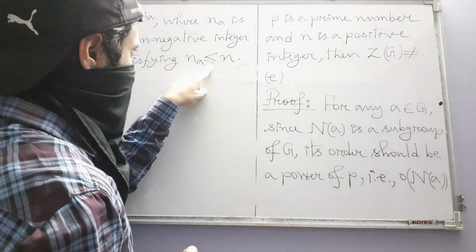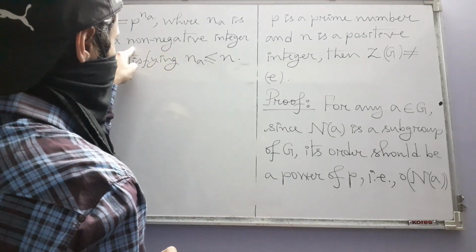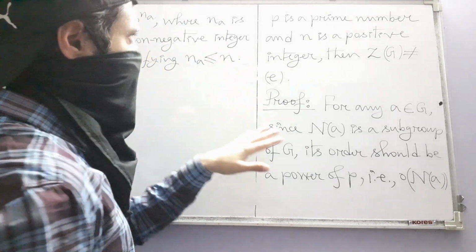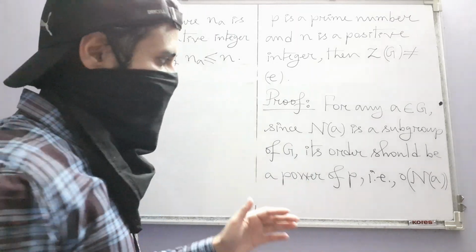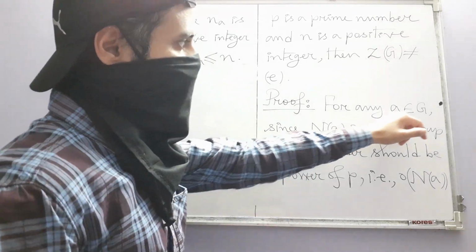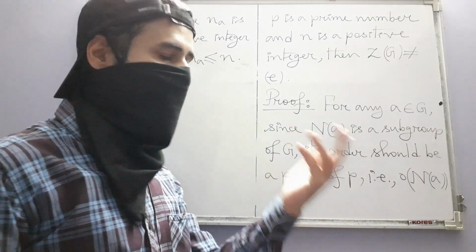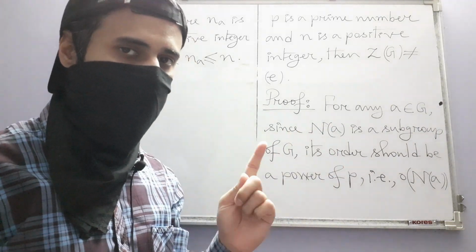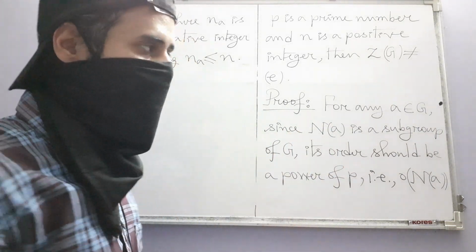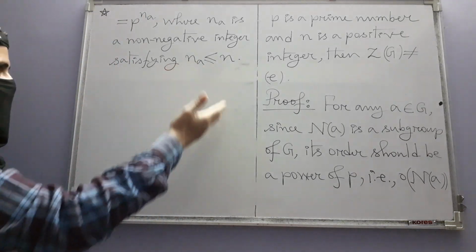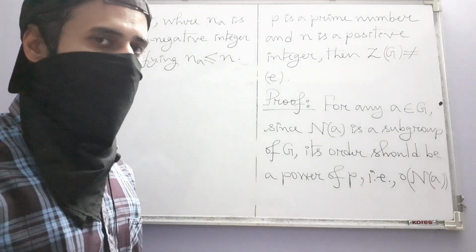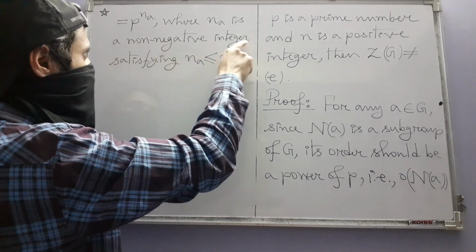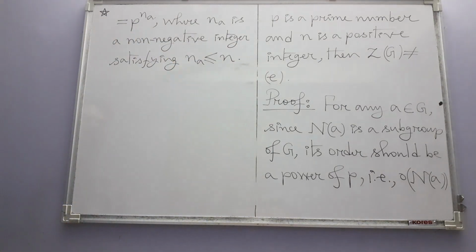That's why we need this inequality. And why I did not consider positive integer here, it is because among all the elements in G, there is the identity also, whose order is 1. That means p to the power 0. So to allow for NA to be equal to 0, I have considered this to be a non-negative integer.